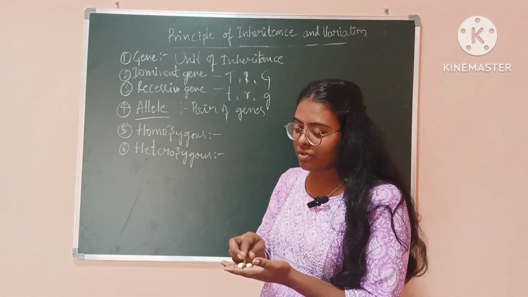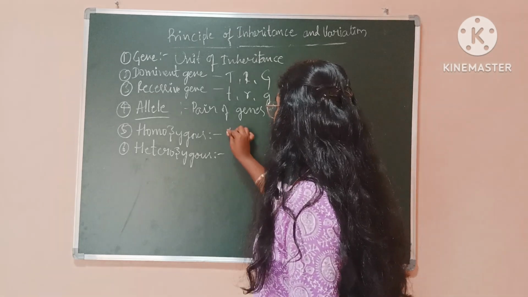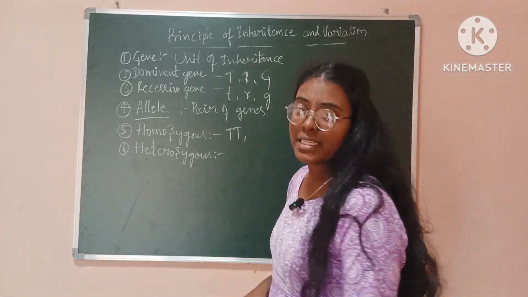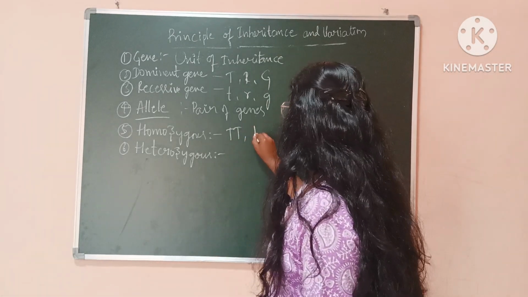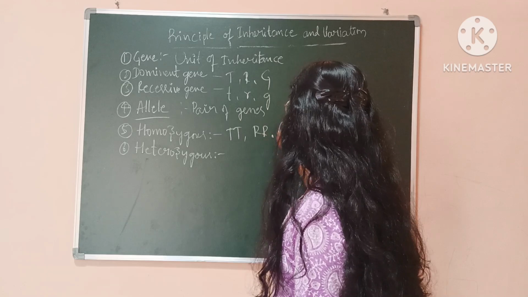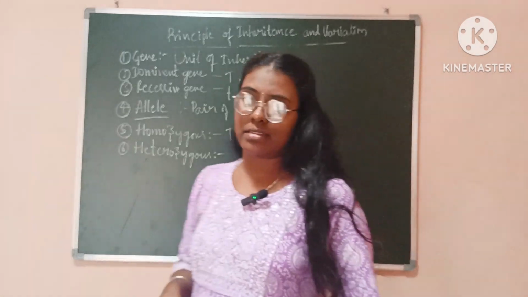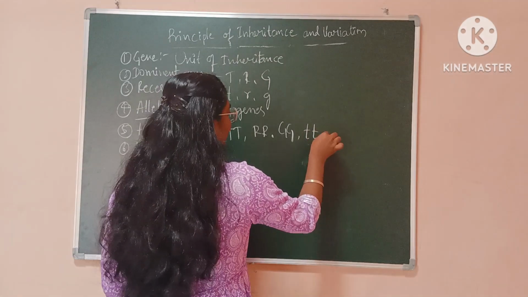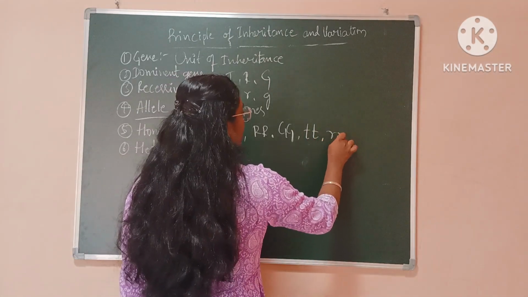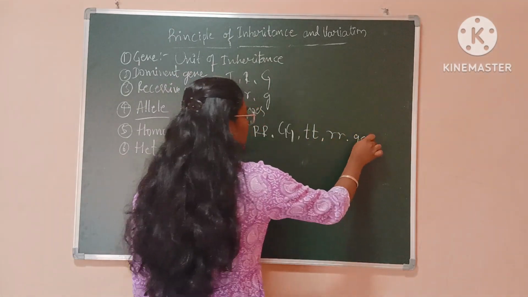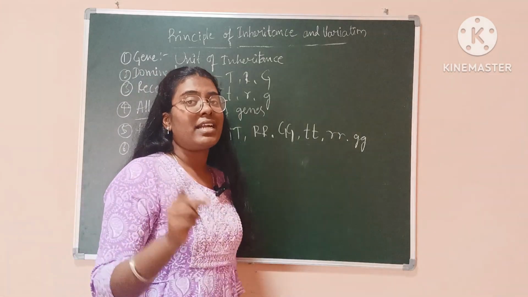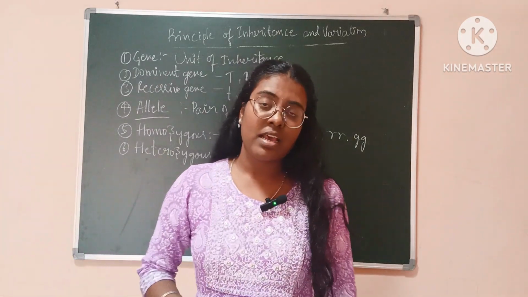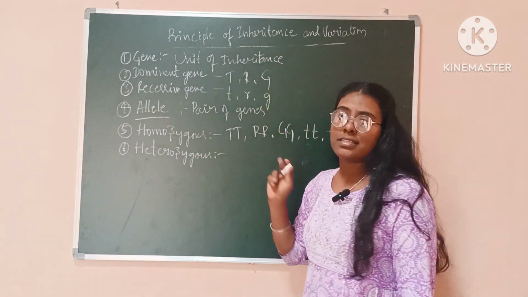In homozygous we will have the same genes: capital T, or capital R, or capital G, like this. Or it might be recessive characters also: small t, small r, small g. So if the allelic set has the same genes, it is called homozygous condition.